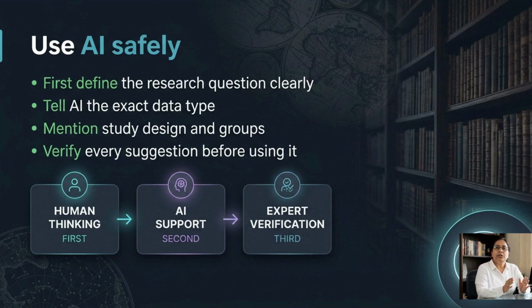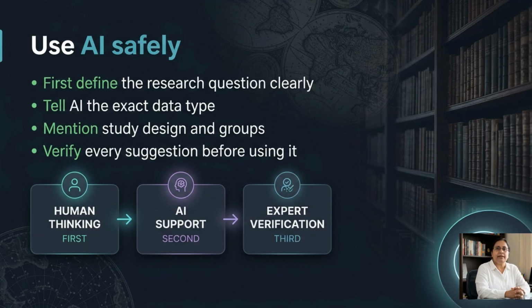So, how should you use AI safely in statistics planning? First, define the research question clearly. Second, tell the AI the exact type of data you have, the number of groups, and whether the design is independent, paired, repeated, cross-sectional, or something else.